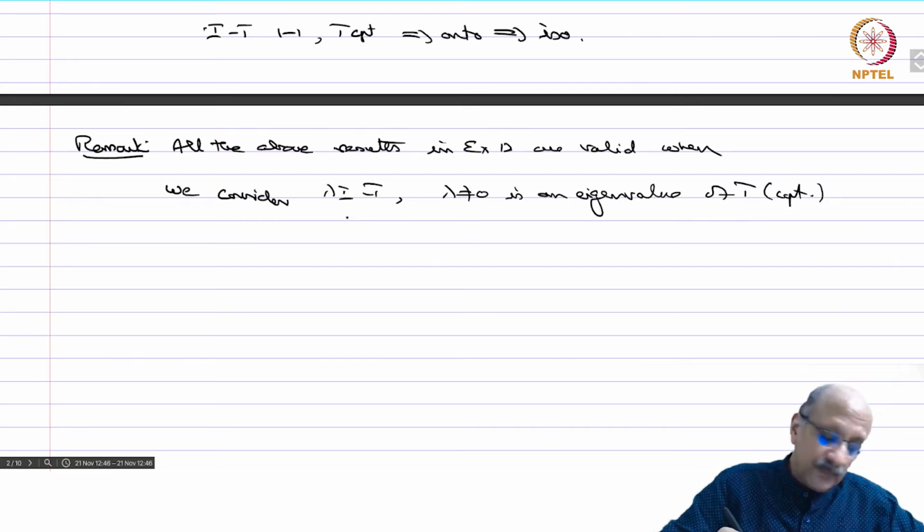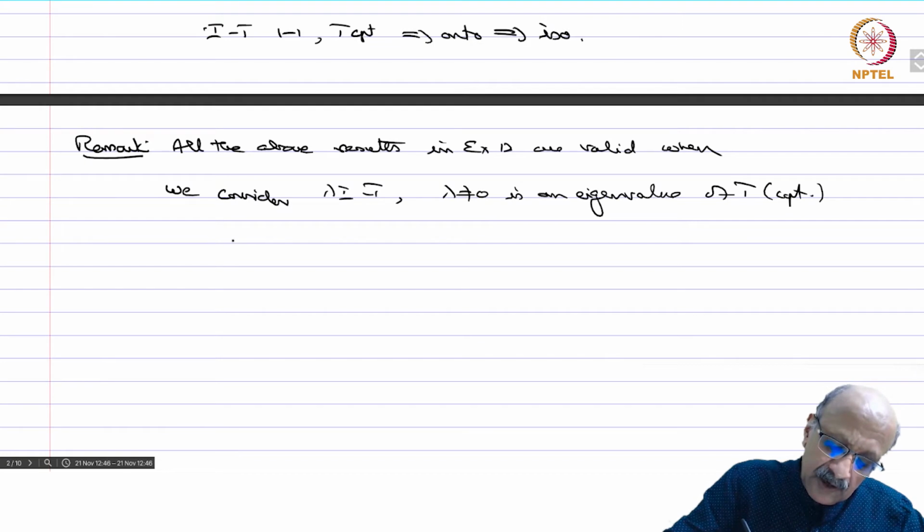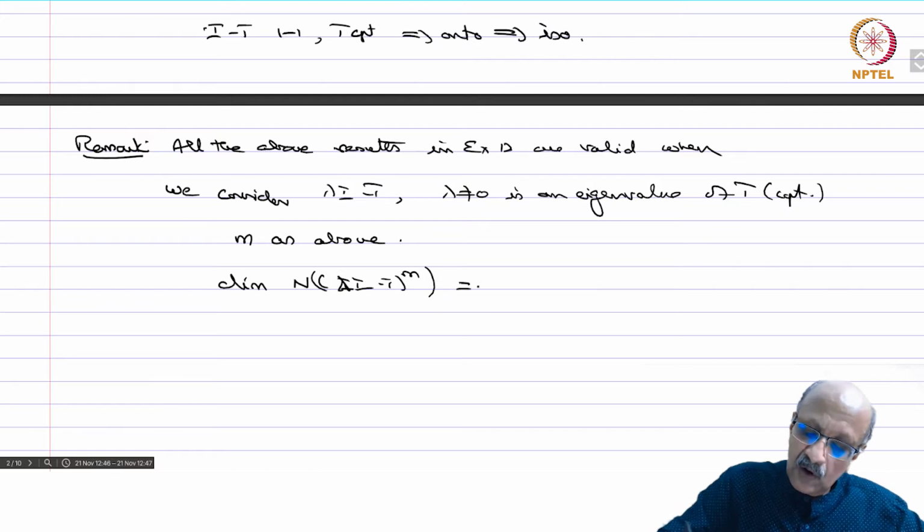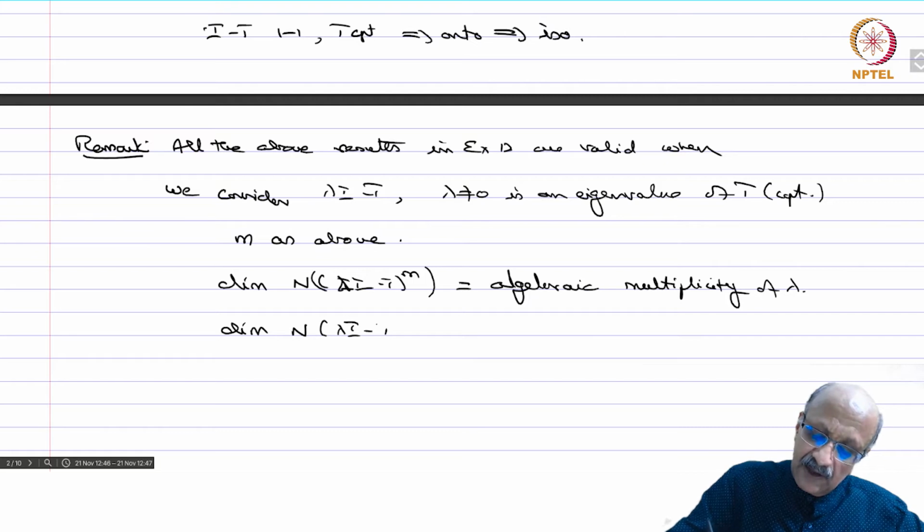So we have then that, M as above, the dimension of the null space of (lambda I minus T)^M is called the algebraic multiplicity of lambda, and the dimension of the null space of lambda I minus T we know is called the geometric multiplicity.